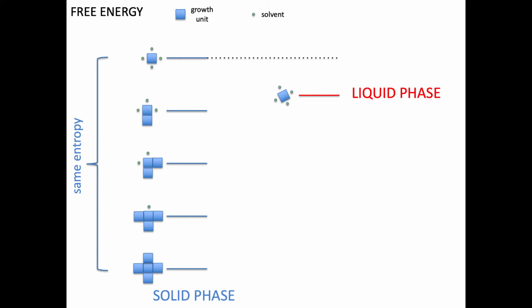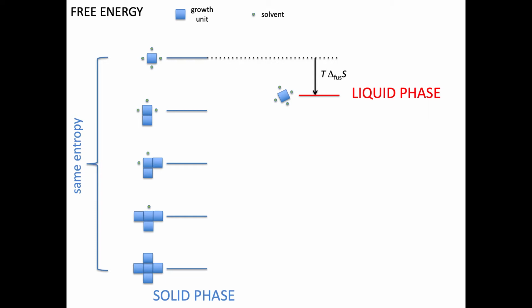So what we've done there is we've introduced the entropy change upon melting of that solid, and so the free energy difference would be T times delta S of fusion.